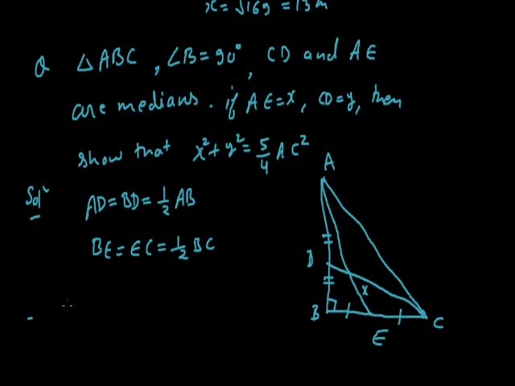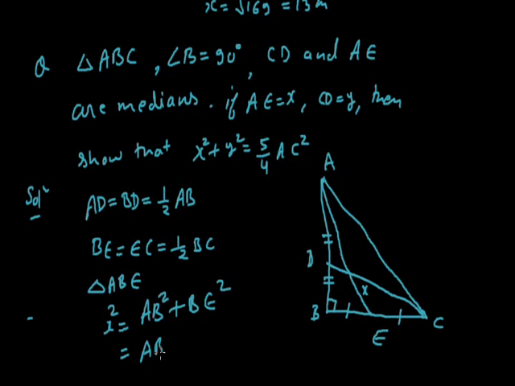Now to find the value of X square, we consider triangle ABE. In triangle ABE, we apply the Pythagoras theorem. The right angle is B. The side opposite to 90 degrees is called the hypotenuse, that is X. So X square is equal to the squares of the remaining two sides, that is AB square plus BE square.